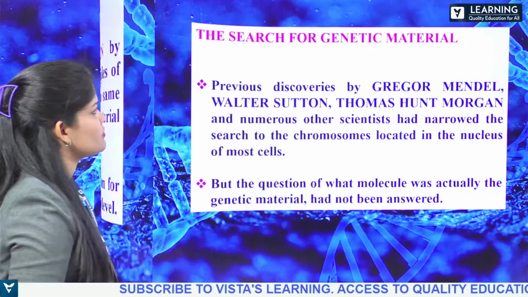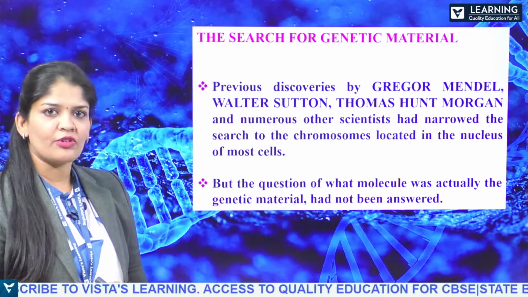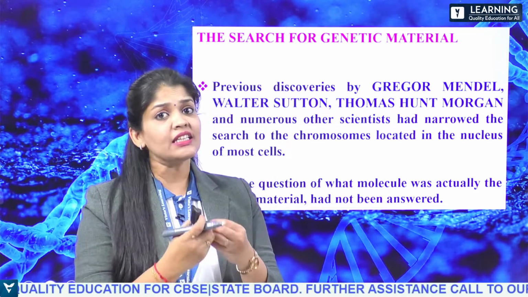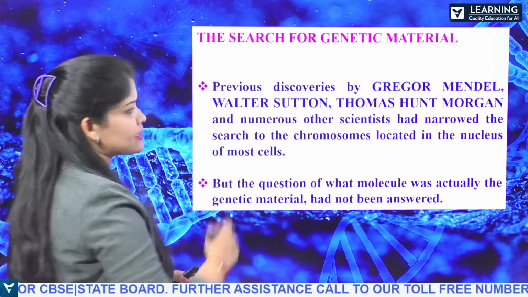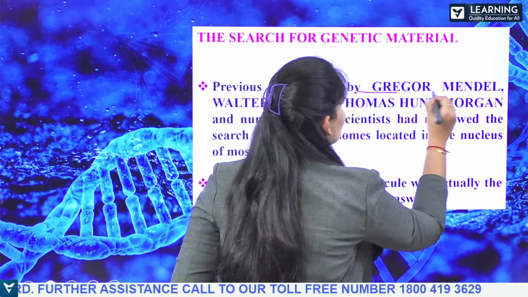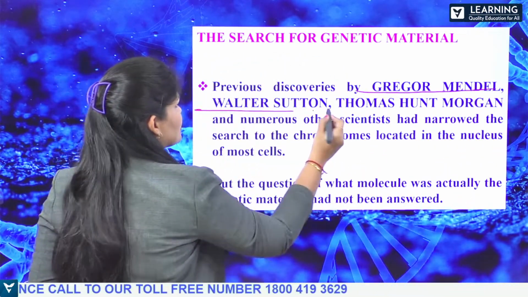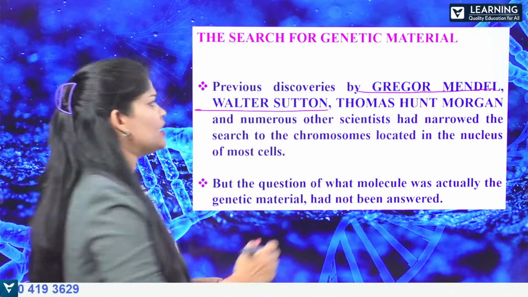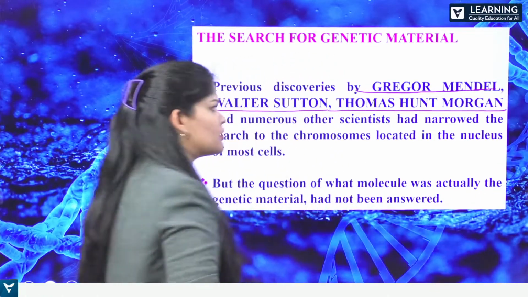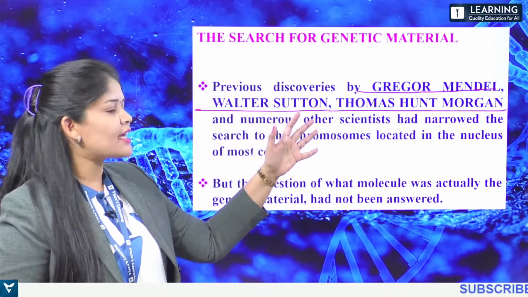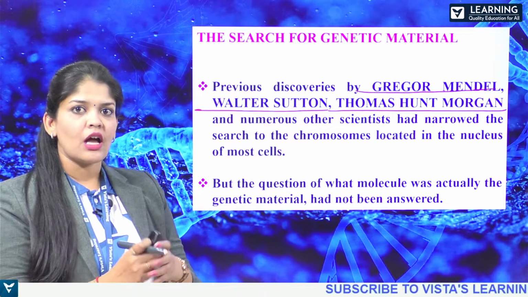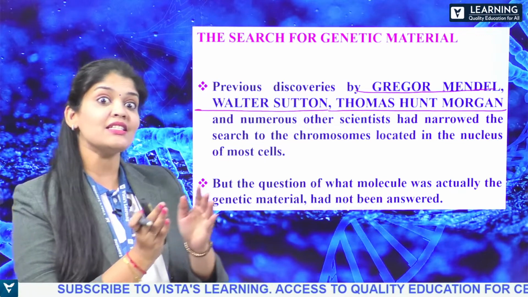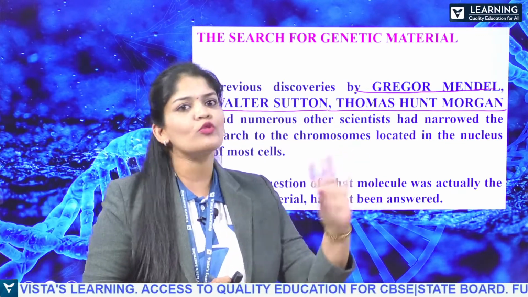Many scientists, biologists and geneticists had done previous research, and the list includes Gregor Johann Mendel, Walter Sutton, Boveri, famous for the Boveri-Sutton discovery, and even Thomas Hunt Morgan. These are the scientists who worked on the importance of the genetic material, and suggested that it may be present inside the nucleus at the chromosomal level.